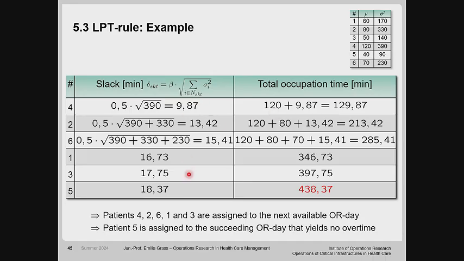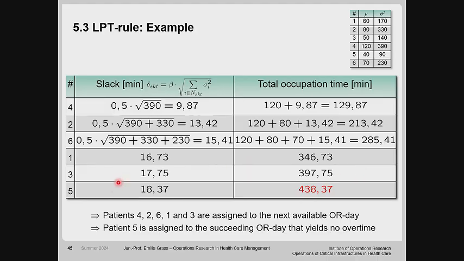We go through the entire list, and we can see here after the 3rd patient, we are done with 397 minutes. So is it the better solution? What do you think compared to before?